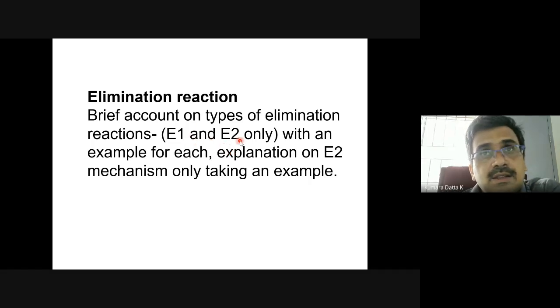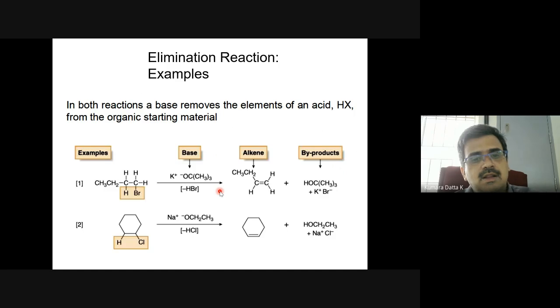If they ask you to write a brief note on elimination reactions, you should be able to easily write it. Do not explain them; but for E2 you have the mechanism, like how you have SN1, here you have the E2 mechanism. Only you should discuss them. No need to worry about the rest; if you know the example, it is more than sufficient. In the case of E2, you should be aware of the mechanism as well.